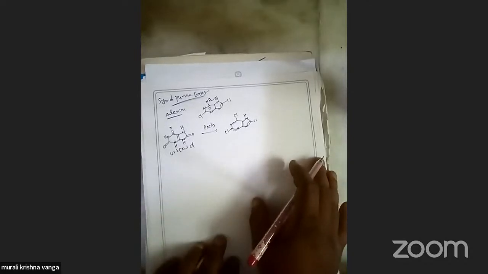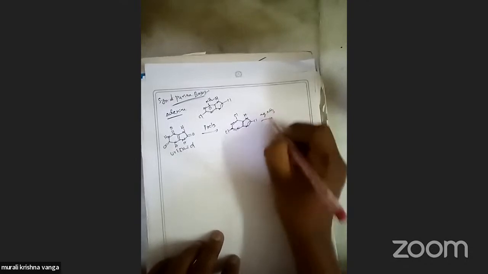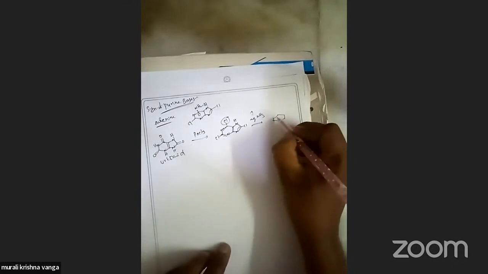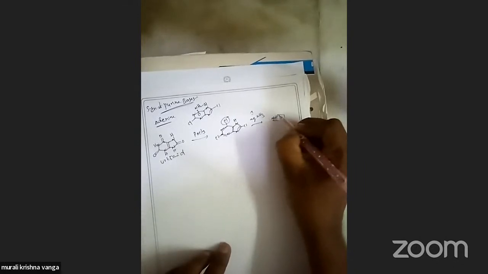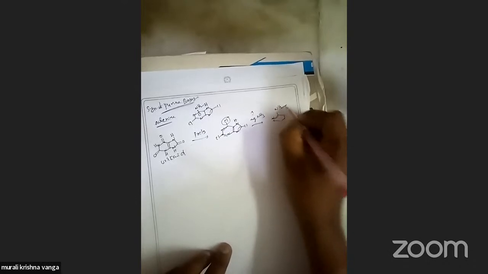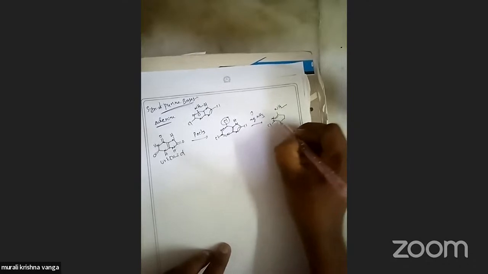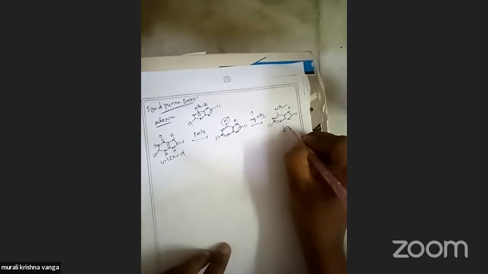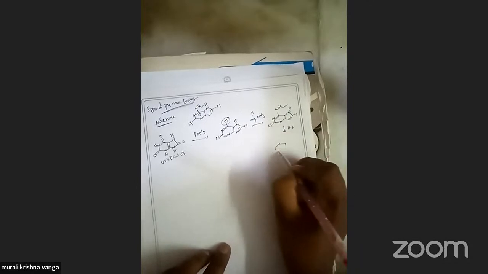When this 2,6,8-trichloropurine reacts with one mole of aqueous ammonia, one chlorine is replaced by an amino group. Here chlorine and NH. When it reacts with HI, chlorines are replaced by hydrogens.